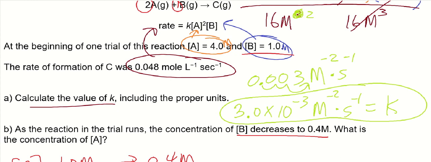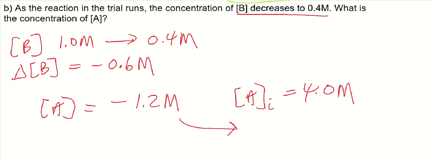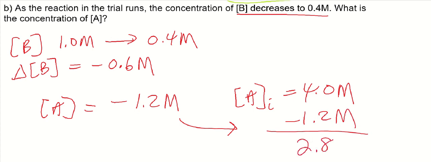A started with a concentration of 4 moles per liter. So initially, the concentration of A started at 4 moles per liter, and it went down by 1.2 moles per liter, and so we have 2.8 moles per liter.